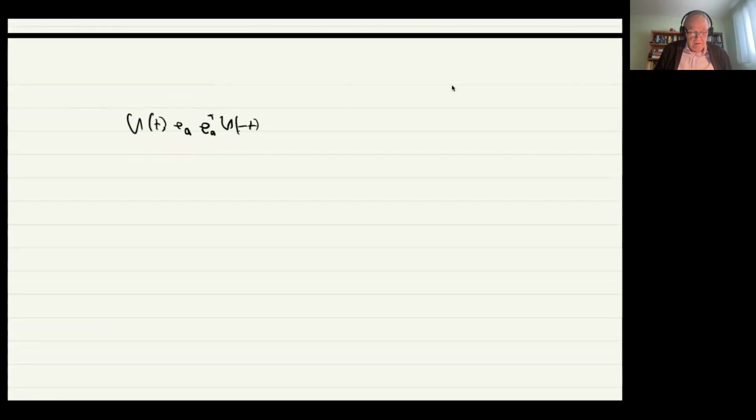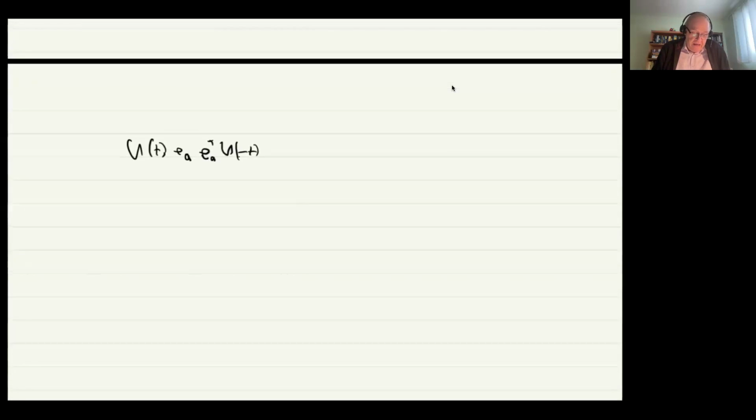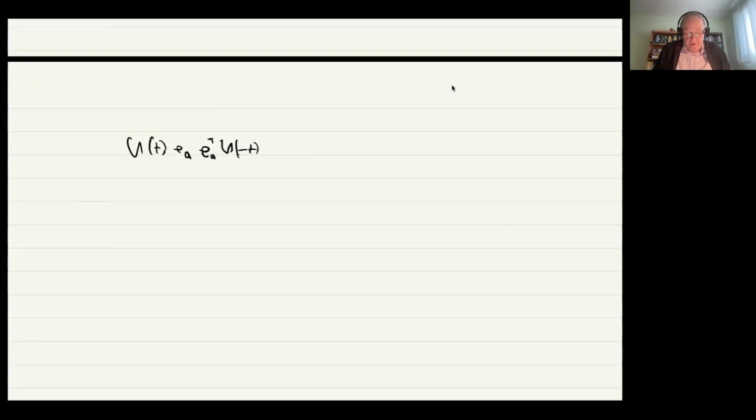The point is that at any time, you're working with the outer product of a vector of the form U(T) E_A. So all the vectors that you see can be written in the form U(T) E_A.